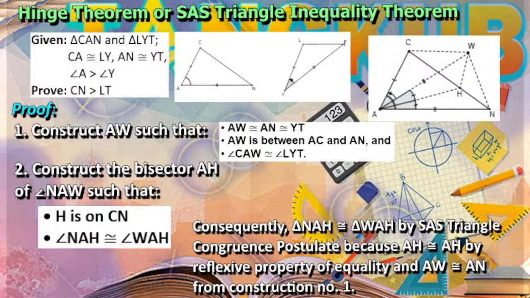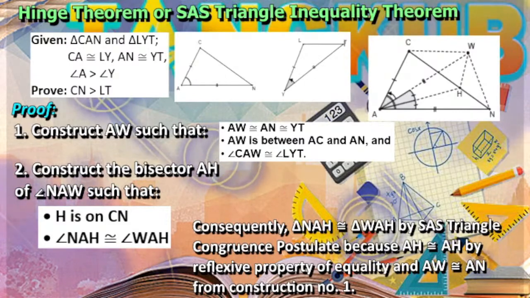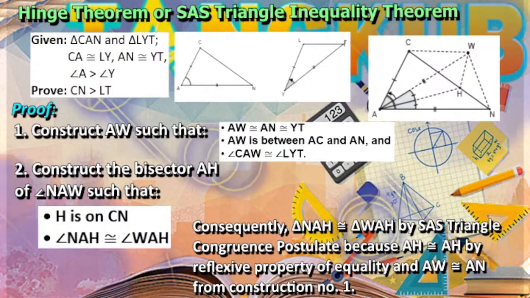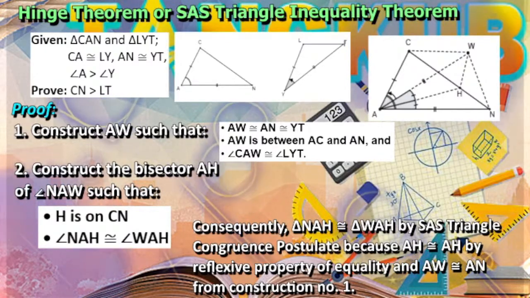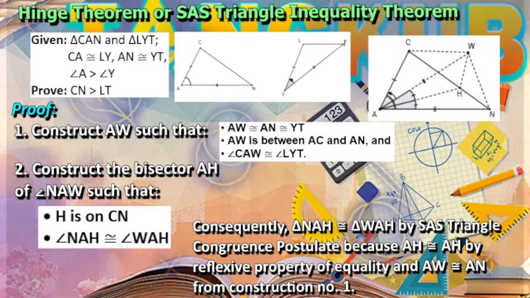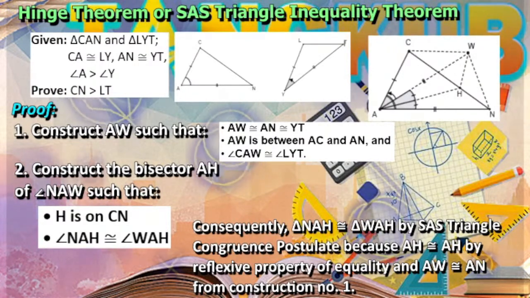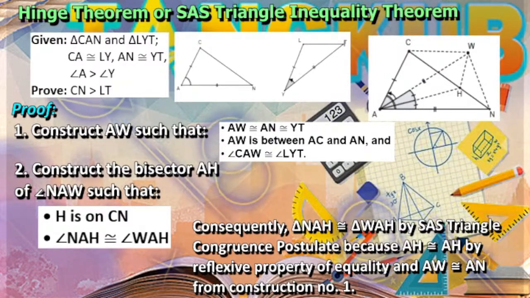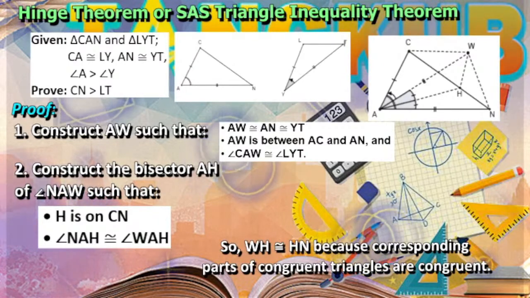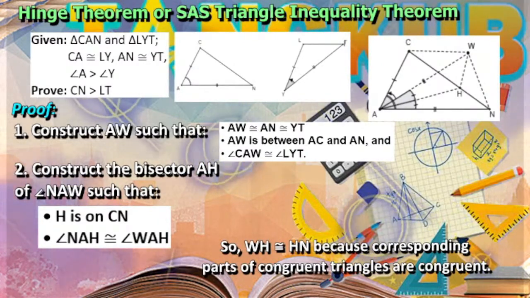Consequently, triangle NAH is congruent to triangle WAH by SAS or side-angle-side triangle congruence postulate because AH is congruent to AH by reflexive property of equality and AW is congruent to AN from construction number 1. So, WH is congruent to HN because corresponding parts of congruent triangles are congruent.